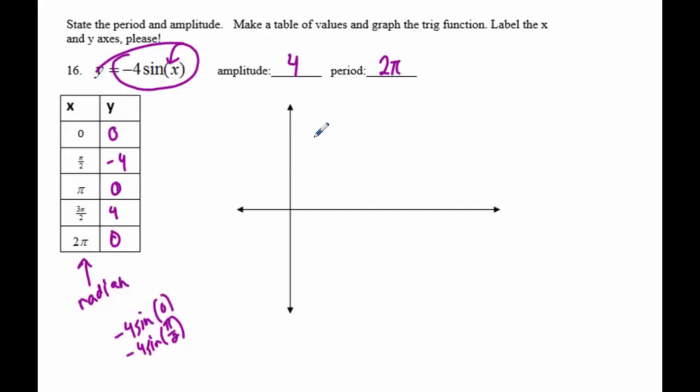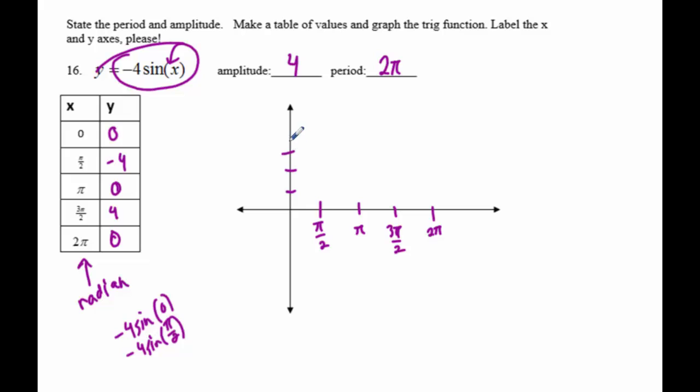Now when we go to do this, because we're going to plot these points, I need to label pi over 2, pi, 3 pi over 2, and 2 pi. And that's what it means by label your axes, is that I can't just draw a picture and not say what these things are. On the y-axis, I need to go up and down to 4 and -4.